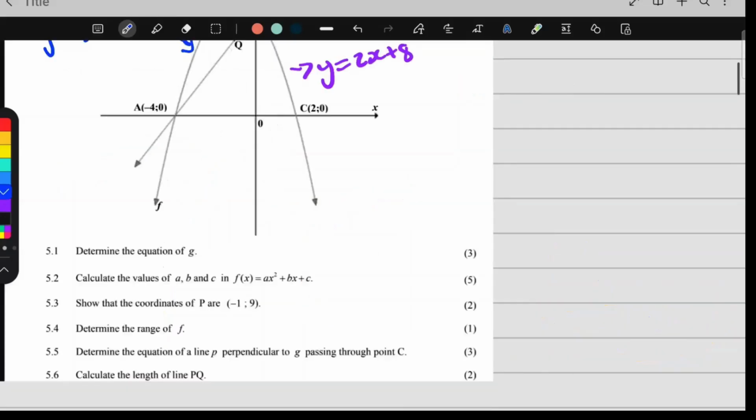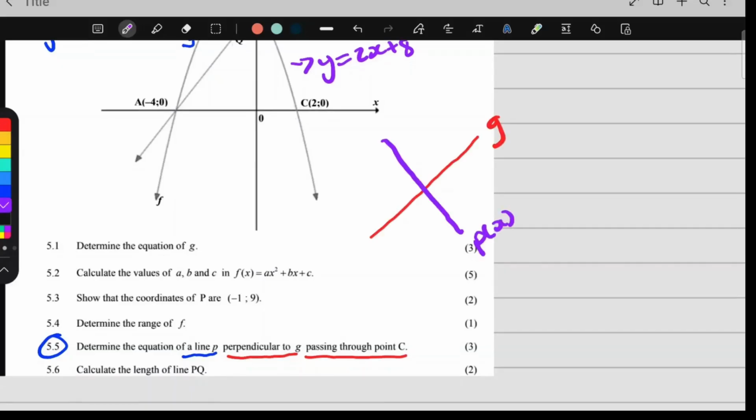Let's go on. We are doing 5.5. 5.5 says, determine the equation of the line P. So there's this new line. It's called P. That line is perpendicular to G. That line also passes through the point C. Let's call it P of x, and this one is called G of x.